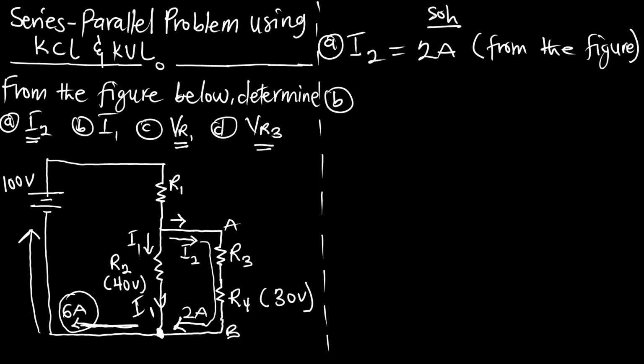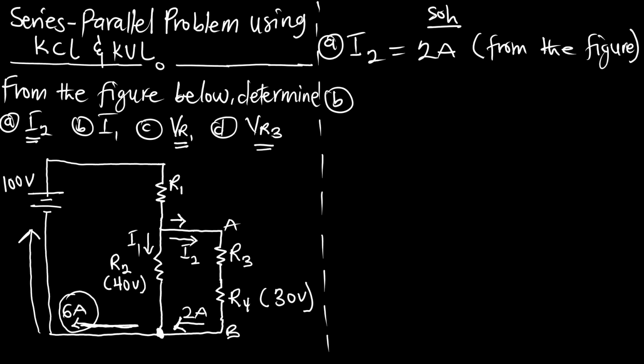So we can use the KCL, Kirchhoff's current law, at a node, which states that the current entering a node is equal to the current leaving the node. Are we okay? So we can consider the current coming in and the current leaving.